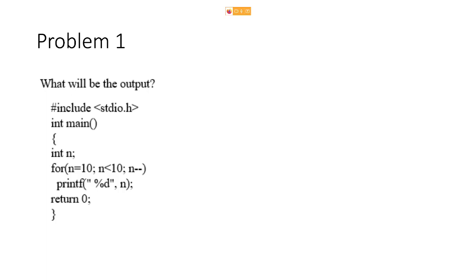One of you said 0. Okay. Others? 0. Okay, can one of you explain why it is 0? By 0 you mean printf will print 0, right? Can one of you unmute yourself and tell why it is 0?